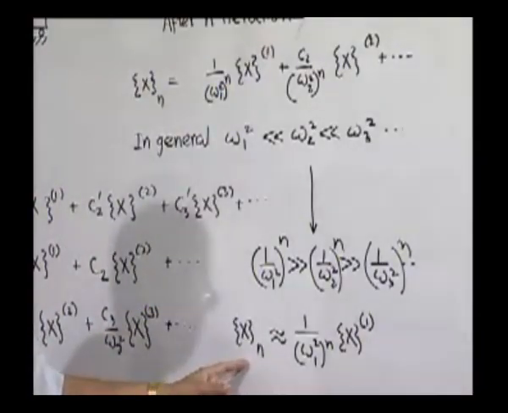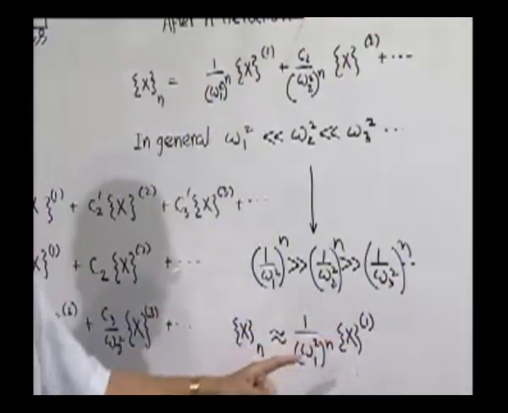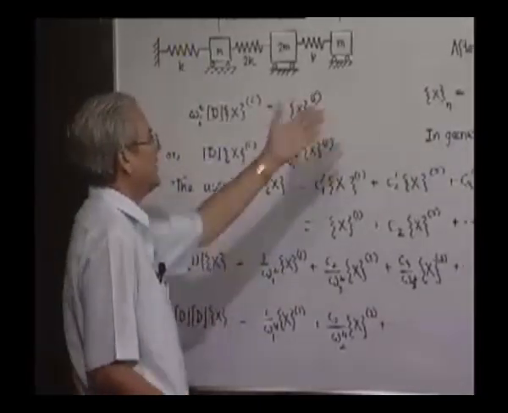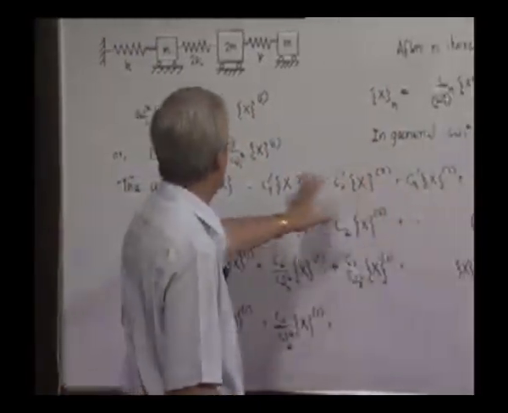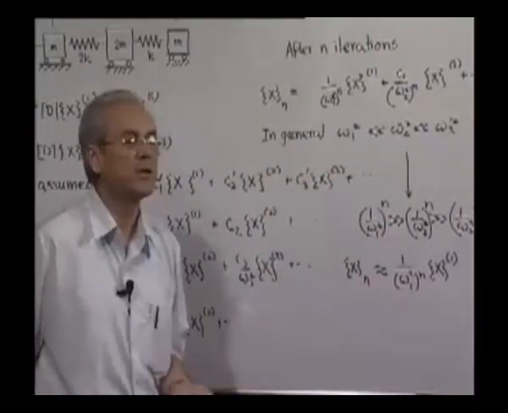As far as the mode is concerned, because of the ratios of the various terms, it really approaches the first mode, and the corresponding frequency becomes the first natural frequency. Whatever the initial value may be, if it is closer to the first mode, then the number of iterations will be less.